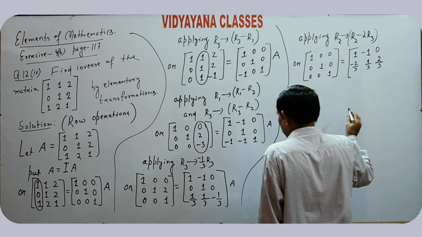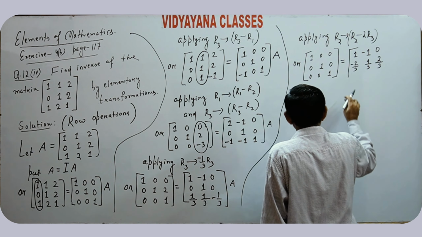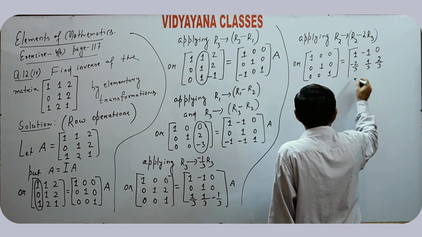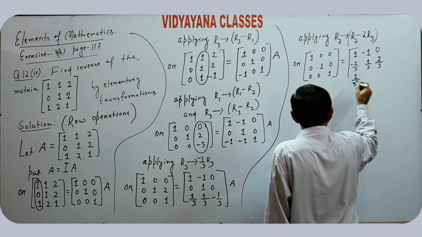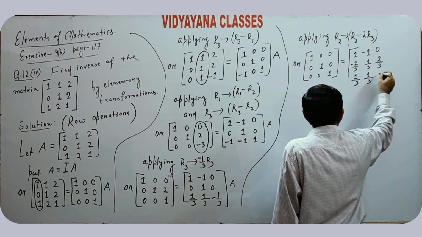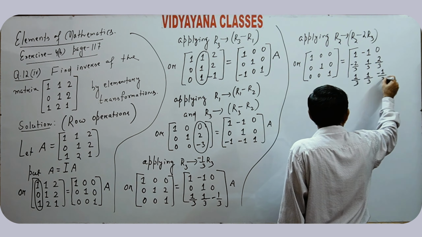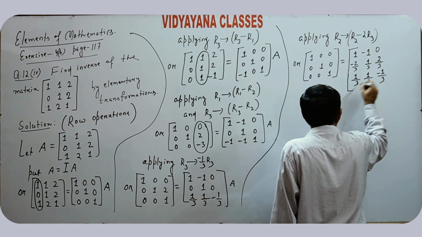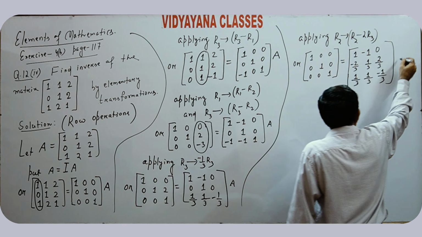And no change of row 3: 1 by 3, 1 by 3, minus 1 by 3, into A.